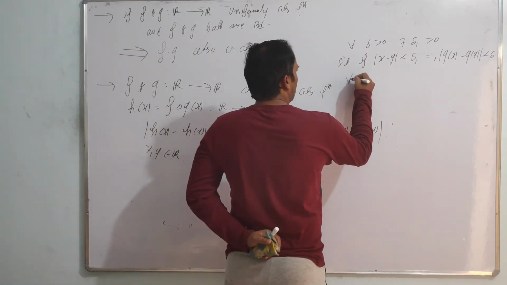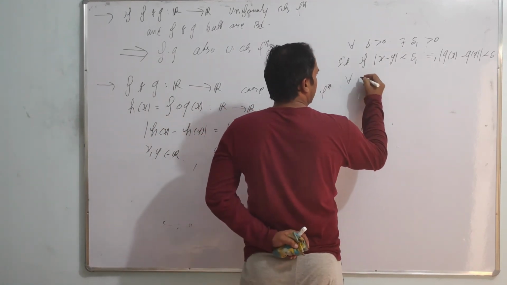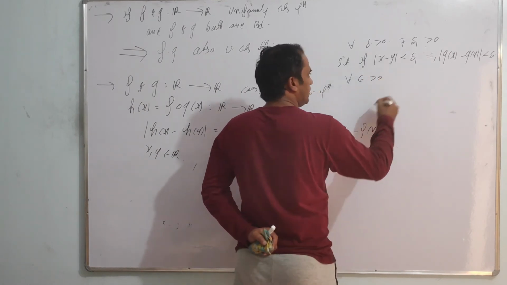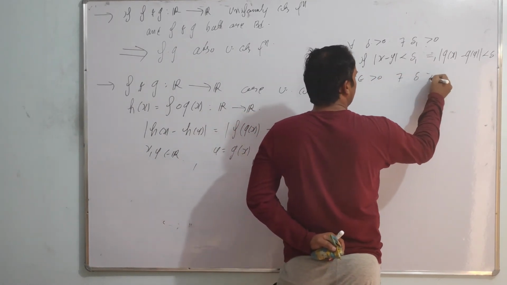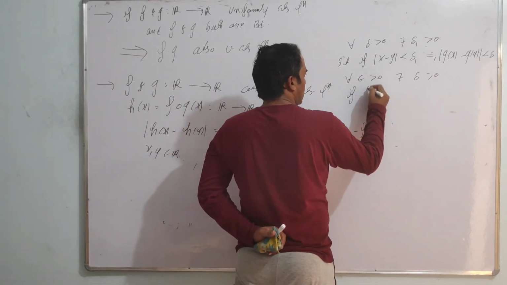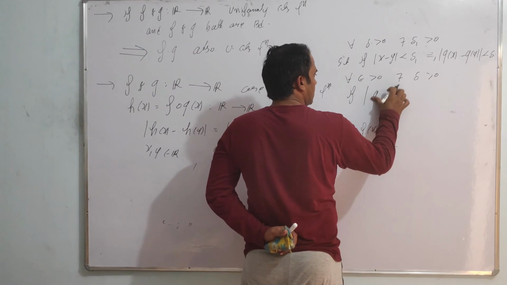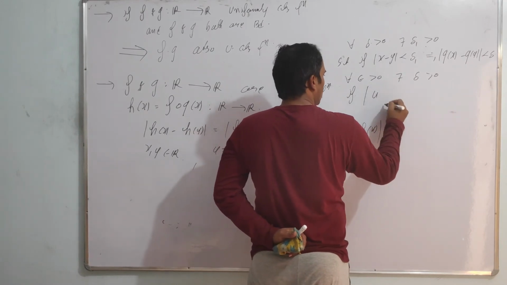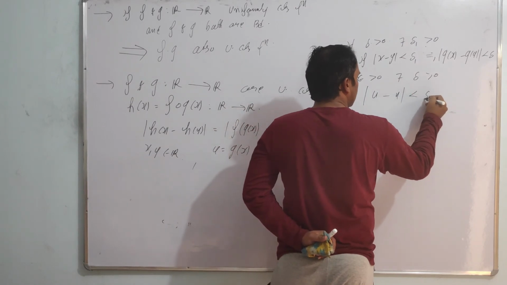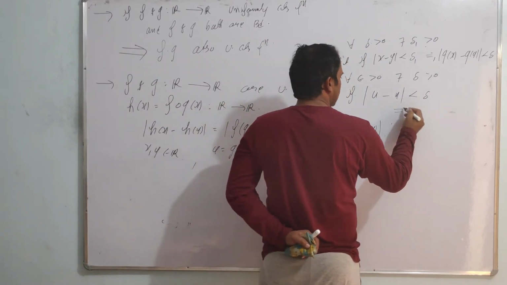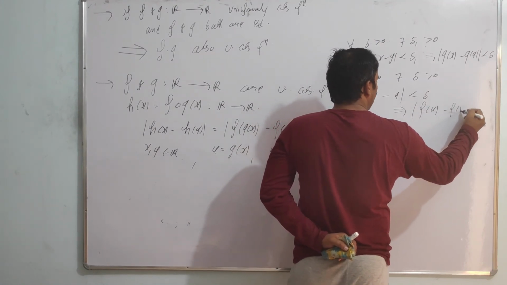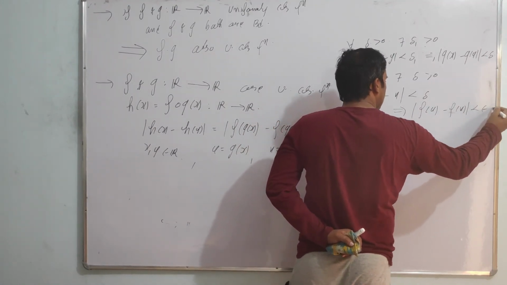So for all epsilon greater than 0, there is a delta greater than 0 such that whenever, for some u and v, the distance between u and v is less than delta, it implies the distance between f(u) and f(v) is less than epsilon.